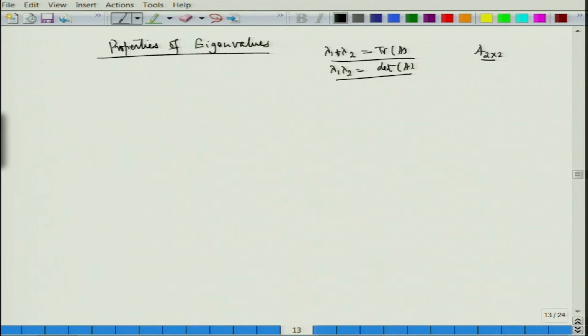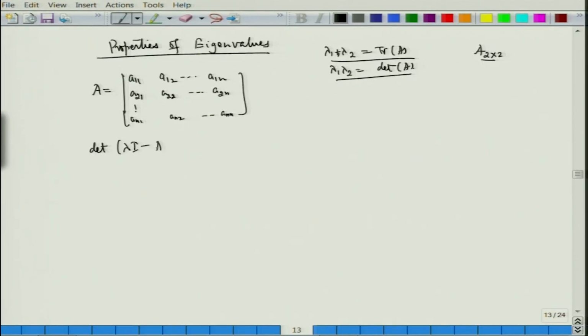Fine. So, let us look at A, whatever we have. So, A is some A11, A12, A1n, A21, A22, A2n, AN1, AN2, ANN. Let us compute determinant of lambda I minus A. So, what is the determinant of lambda I minus A?